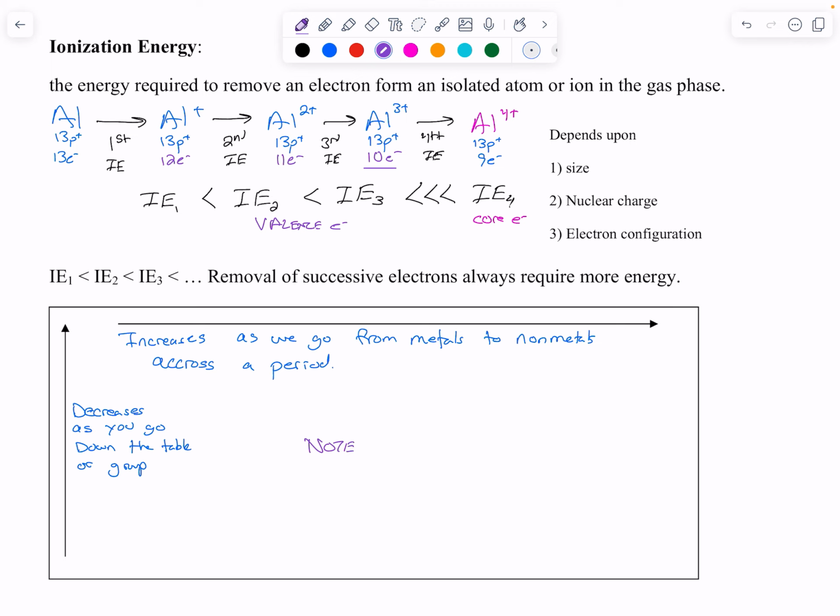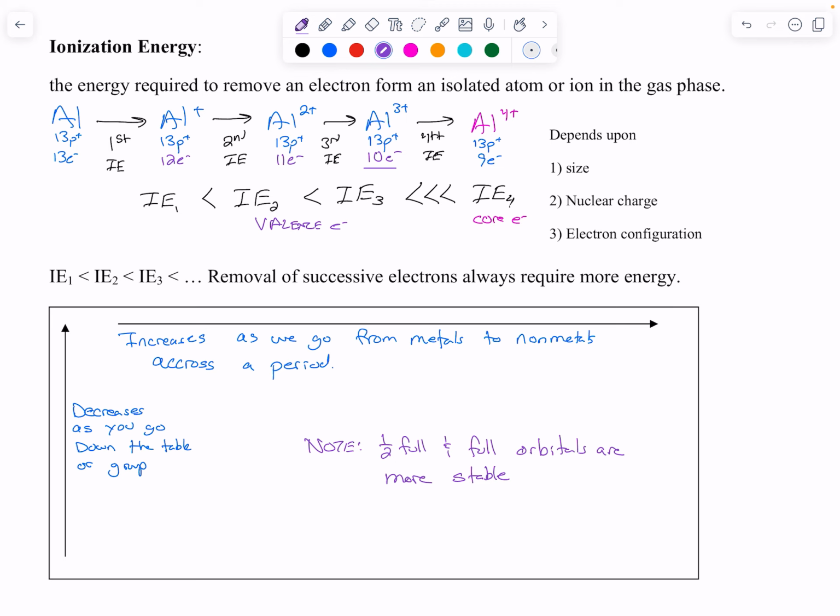Now, one thing I want to say, a little note here. Half full and full orbitals are more stable. So if you're looking at ionization energy, you're going to see it go up, up, up, but then nitrogen has a higher ionization energy than oxygen, and it goes back down. 2s2, 3s2, they're a little bit more stable than predicted. 2p3, 2p6, 3p3, 3p6, they're more stable.